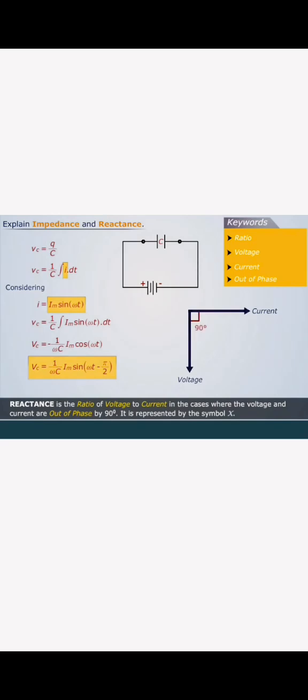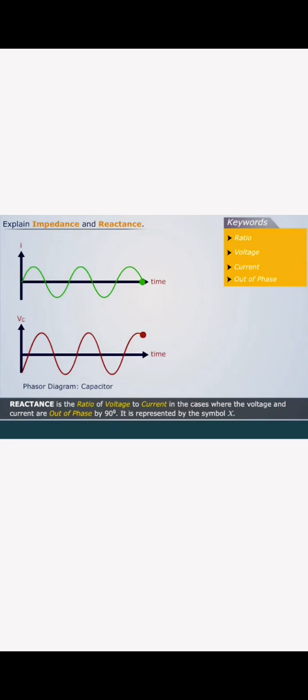Therefore, the phasor diagram of a capacitor is as shown. We can see that both current and voltage are out of phase by 90 degrees. Mathematically, phi is equal to 90.